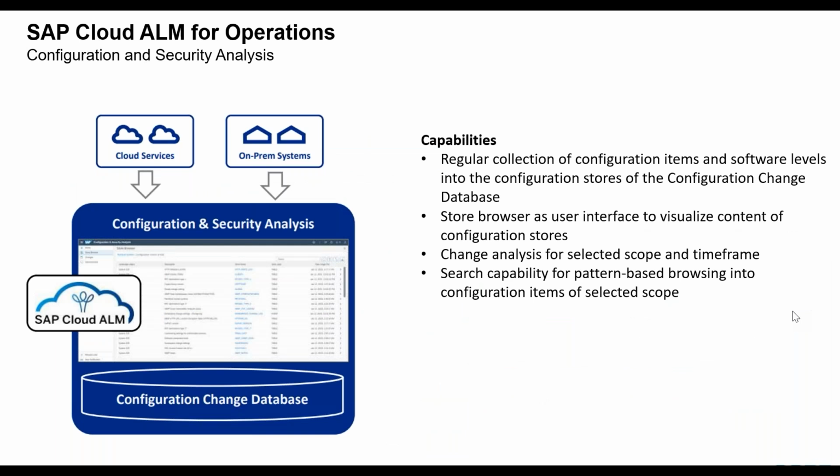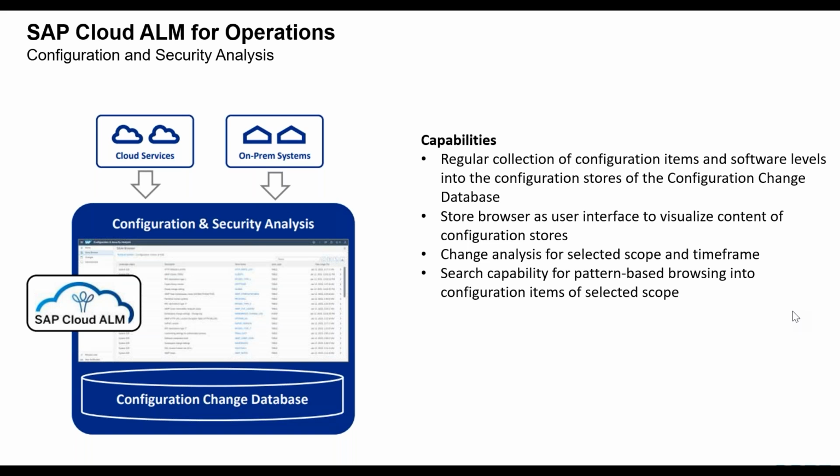Now, there's also the configuration and security analysis as well. This is an item, for example, within, let's take an on-prem system, where you have different types of configuration and also security within your environment. What you can do is, once you enable this, you can send all of this information into Cloud ALM. And what that does is it will store all of that information within Cloud ALM.